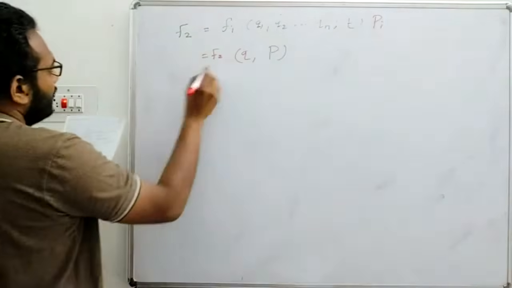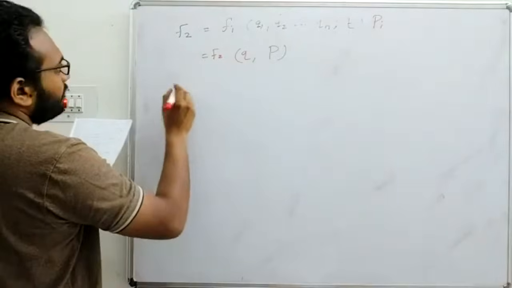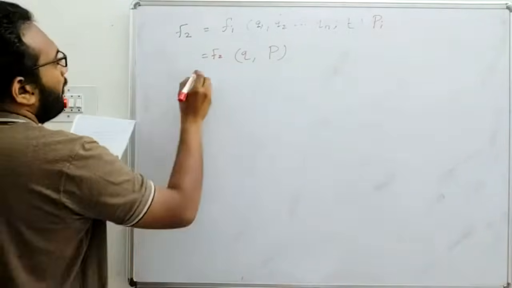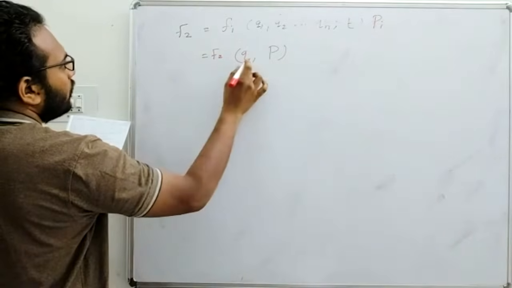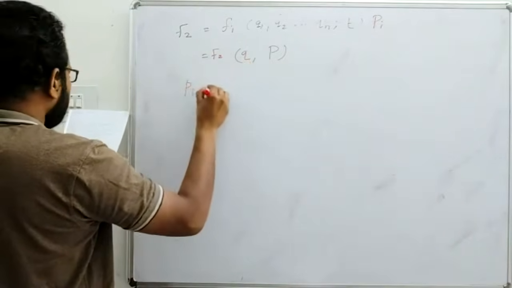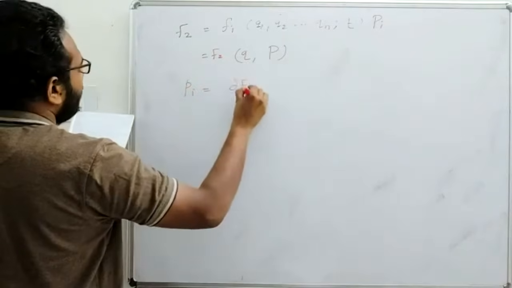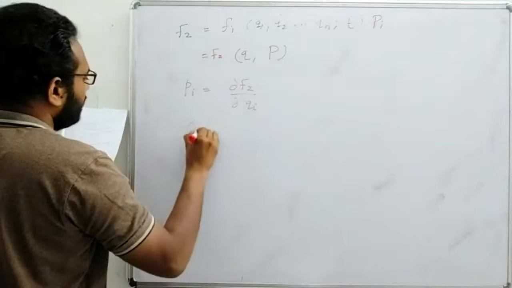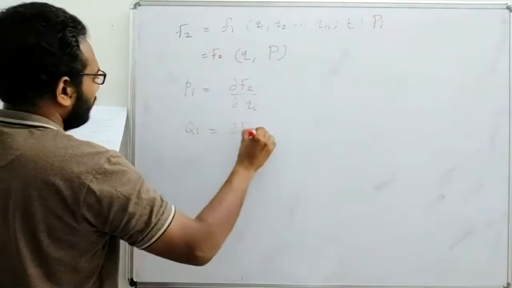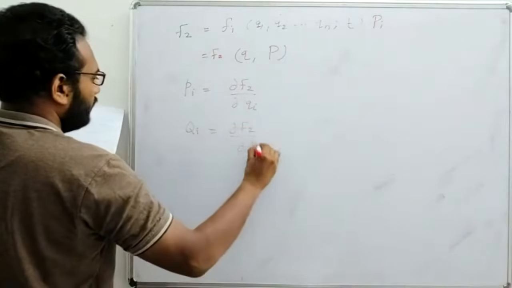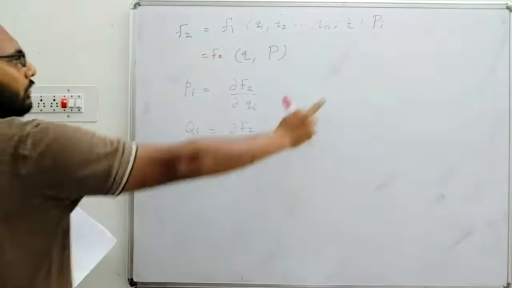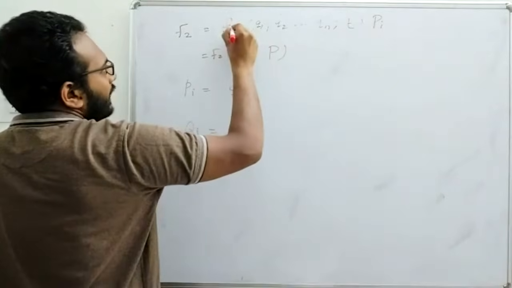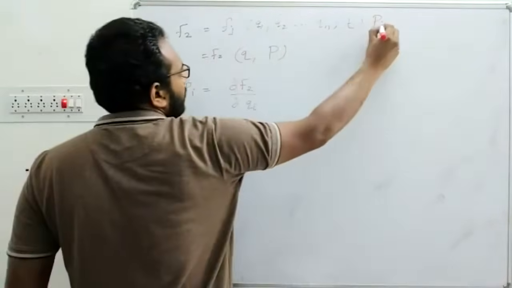So you see that this means we got small q here. So Pi is equal to dou F2 by dou Qi, and capital Qi is equal to dou F2 by dou Pi. What do you get here? I've got a Pi there. I said there's summation over i, we could use j there, just to be clear.